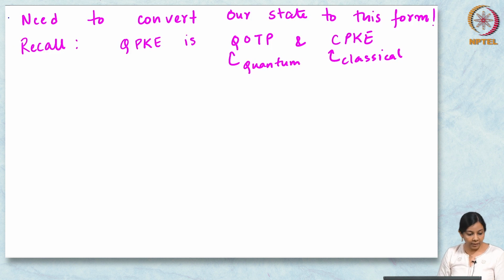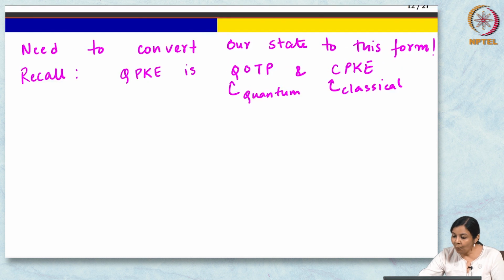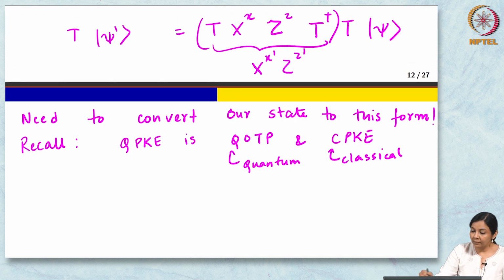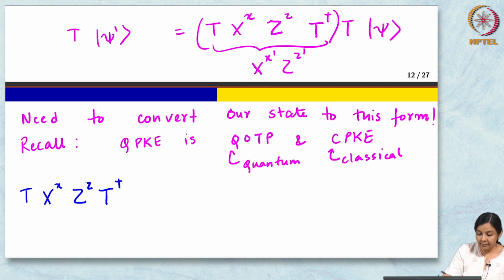So, this is what it looks like. And what I want to play with is this thing here, right. So, I want this T X to the x, Z to the z, T dagger. This is what I want to somehow massage, right. I want it to look like some X to the x prime, Z to the z prime. That is my goal over here, right.